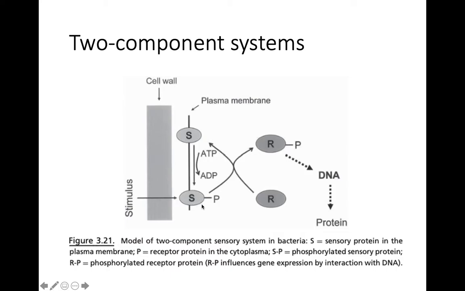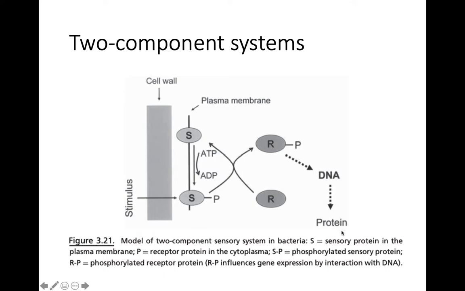The phosphorylated sensory protein will become dephosphorylated, and in the process, it phosphorylates the receptor protein, the cytoplasmic receptor protein. So once there is a transfer of the phosphate group to the cytoplasmic receptor protein, the phosphorylated receptor protein is now capable of interacting with the DNA itself, and may act as a repressor or a promoter, such that expression of a particular protein will be regulated.